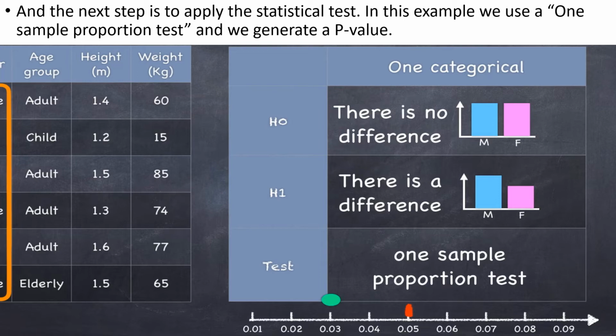So in this example, because it's one categorical variable only that we're working with, you can go back to slide 27, where I've specifically told you that this will be the test that we will use. So we will use a one sample proportion test, and we will generate a p-value.